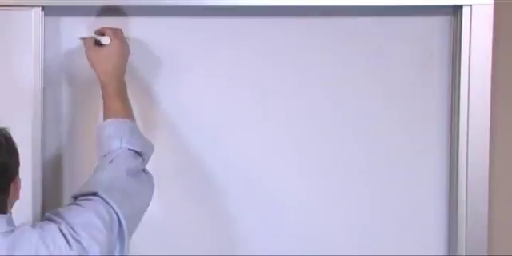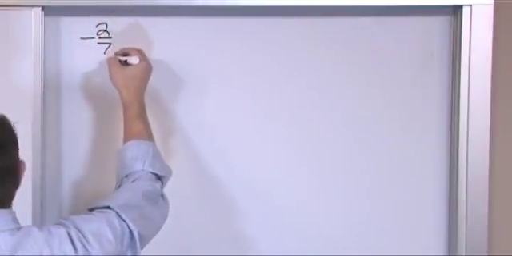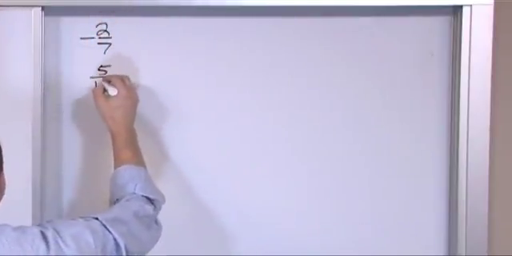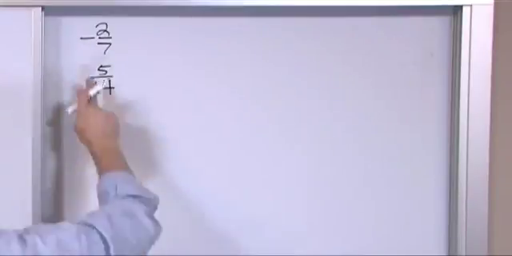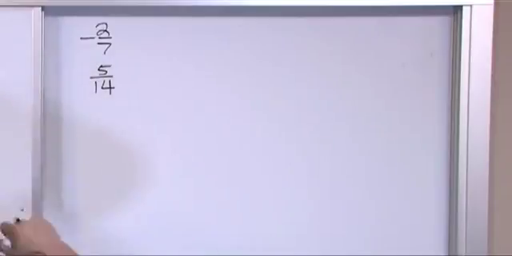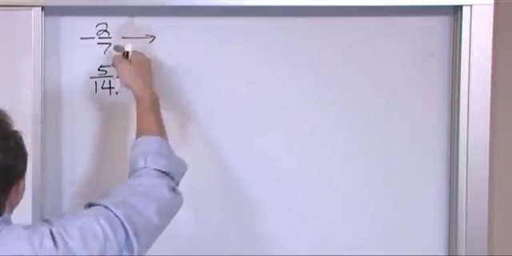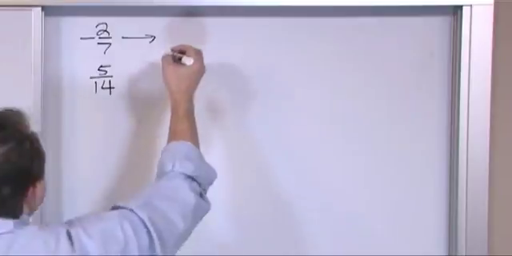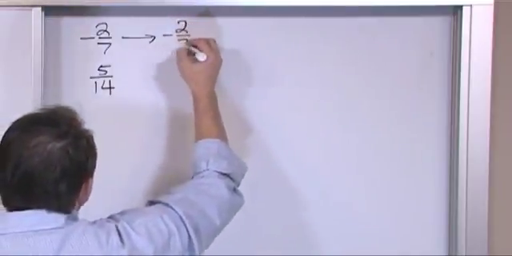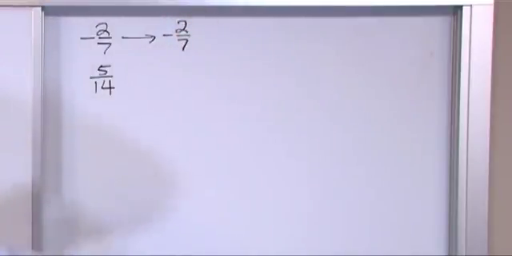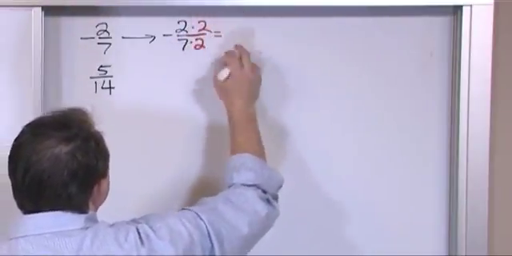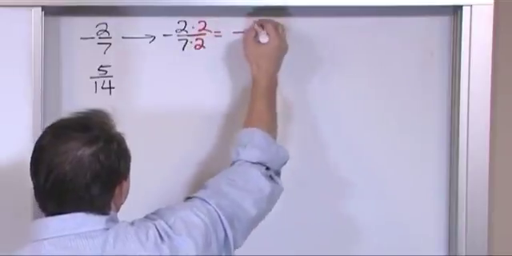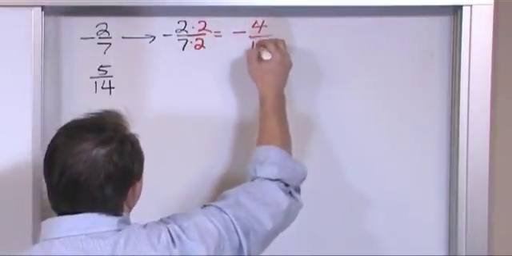What if we had -2/7 and 5/14? I just wanted to do this problem to point out that it makes absolutely no difference if one of these fractions or both of them are negative. It has nothing to do with anything. In this case, we see 7 and 14, so I can take -2/7 and multiply it by 2 on the top and the bottom, and that's going to give me, negative sign stays out front, 2 times 2 is 4, 7 times 2 is 14.